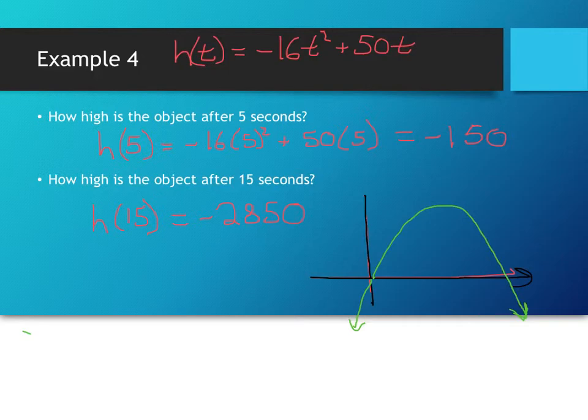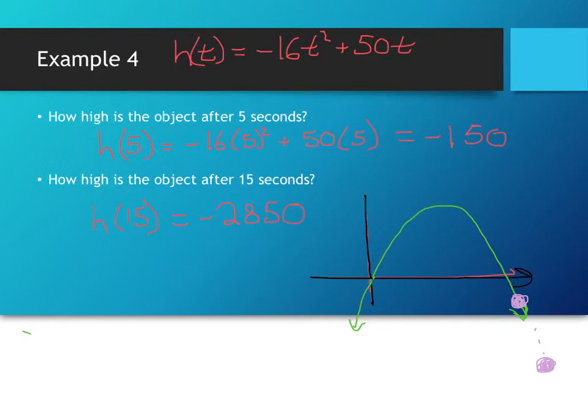Meaning, when t is 5, we're at like negative 150. Maybe we're over here. When t is 15, well, that's way down the line, so that's going to be way off our chart, what we see anyways.